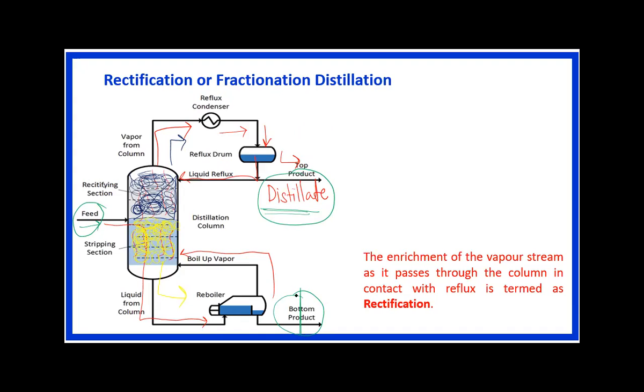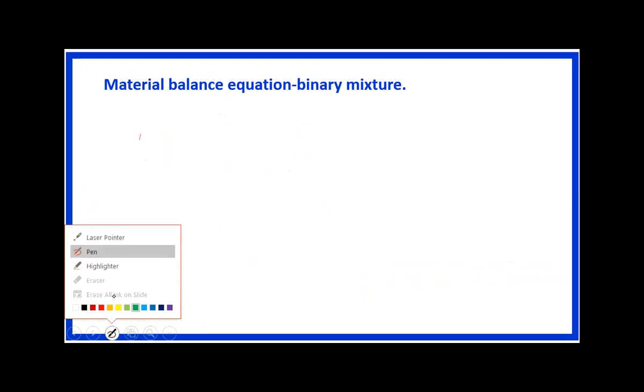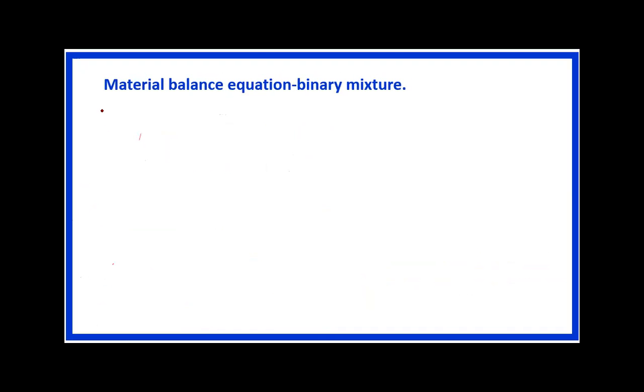If you consider these symbols, then we can write the overall material balance equation as feed equals distillate plus bottom product, or waste: F = D + W.